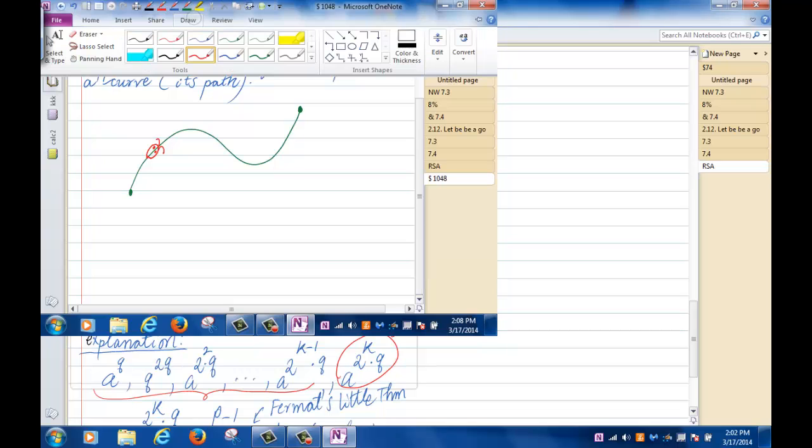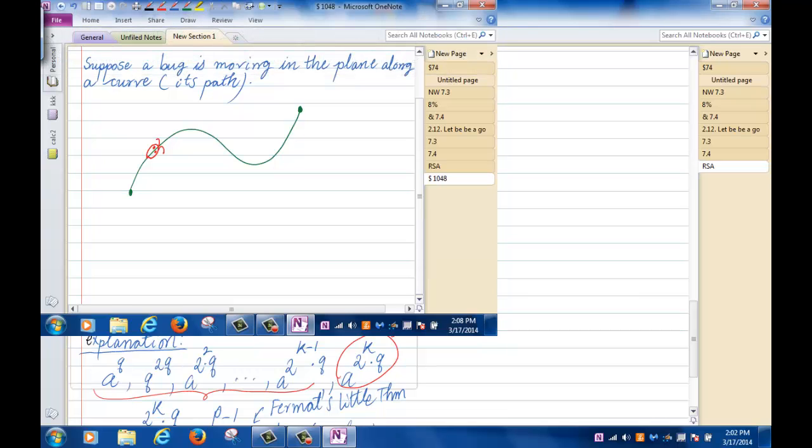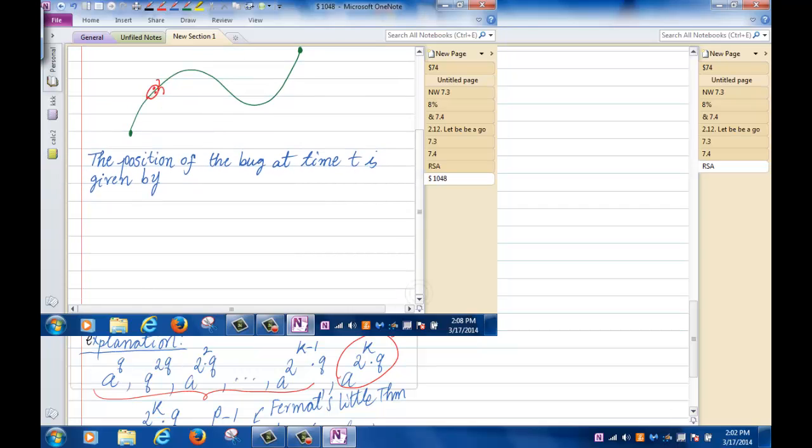Okay. So here's, let's say at time t we have the position function of this bug. So let's say the position of the bug at time t is given by the function r of t.